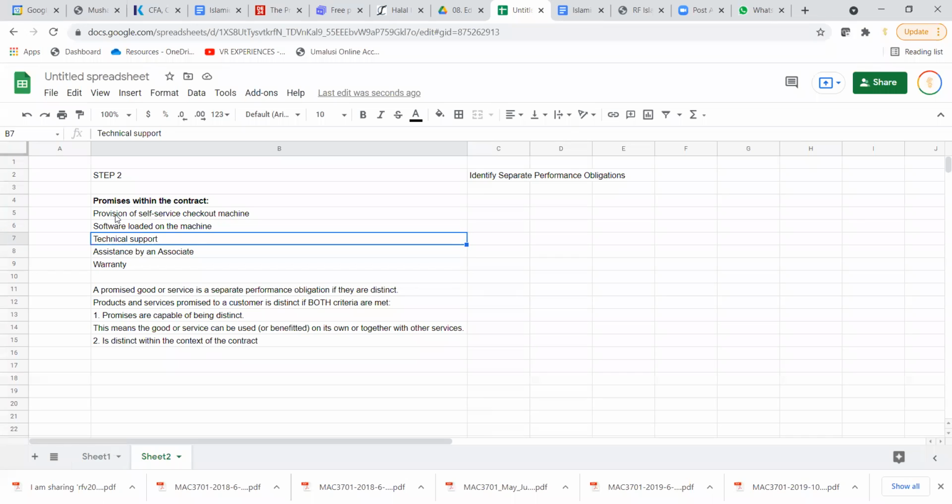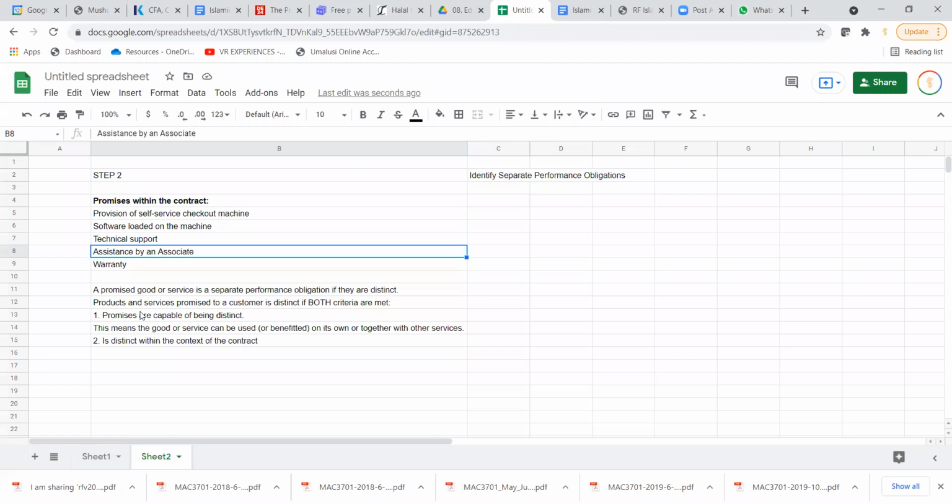We know that the technical support can be sold separately, and we also know it is distinct within the context of the contract, because within the context of the contract, you don't need the technical support. So as a result, it is distinct. So the technical support is a separate performance obligation.